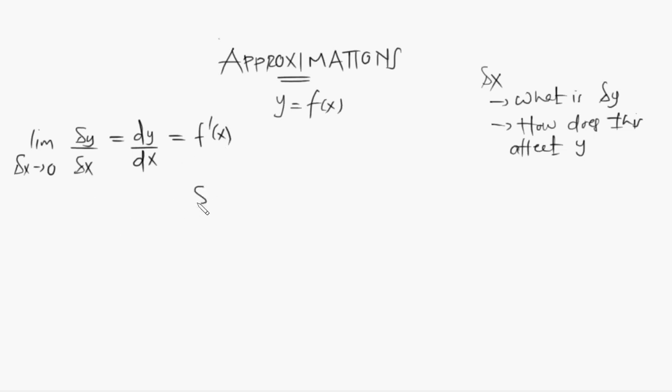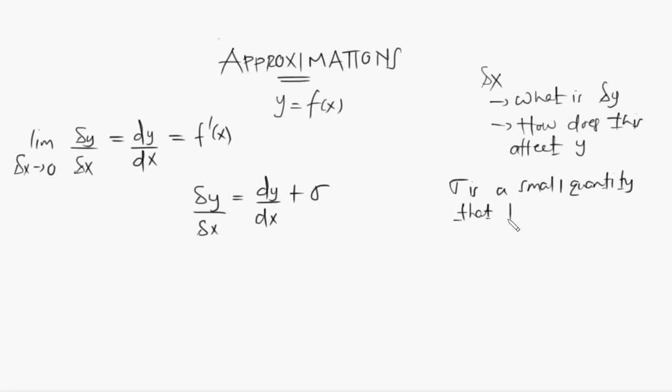Manake ni kwamba delta y over delta x is just the same as dy dx plus sigma. What is sigma? Sigma is a small quantity, or it's a quantity that tends to 0 as delta x approaches 0.